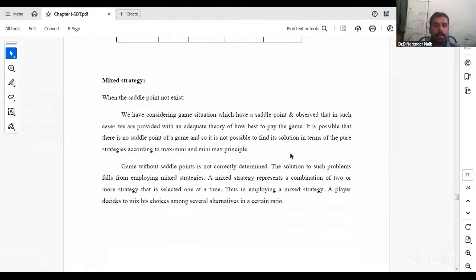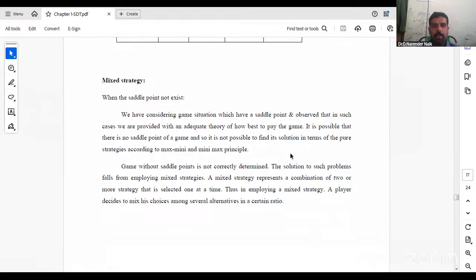Mixed strategy, when the saddle point does not exist. We have considered game situations which have a saddle point and observed that in such cases we are provided with an adequate theory of how best to play the game.